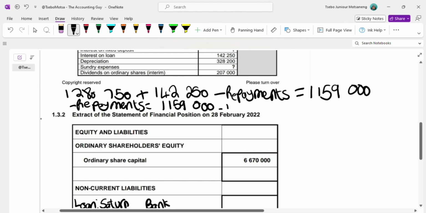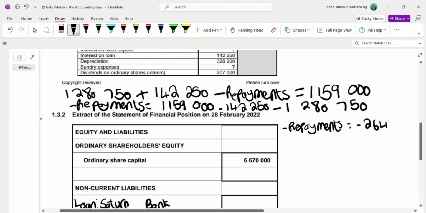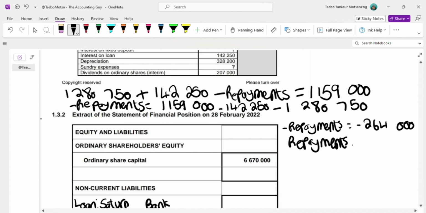So I'll have minus 142,250, and then minus 1,280,750. Minus repayments to be minus 264,000. So I'm looking for repayments, I'll just multiply by -1. So I'll have repayments equal to 264,000. Okay, so that's the first part.